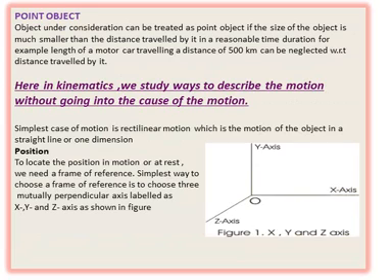Now, let's understand the concept of a point object. If the position of an object changes by distances much greater than its own size in a reasonable duration of time, then the object may be regarded as a point object.